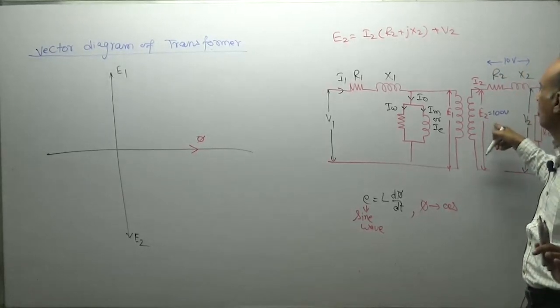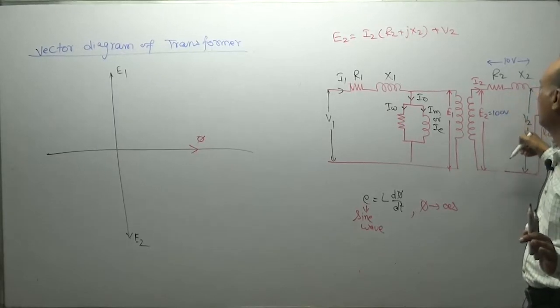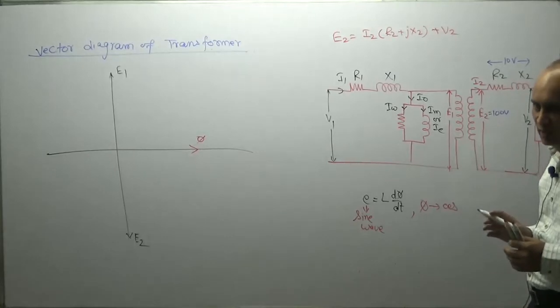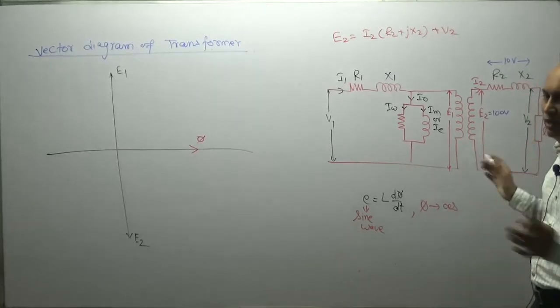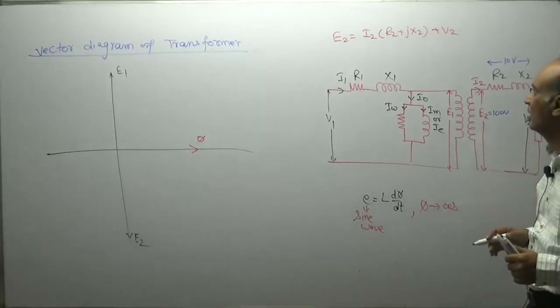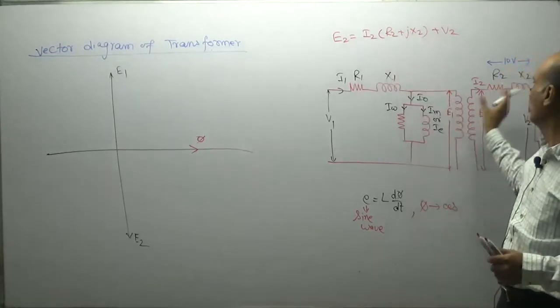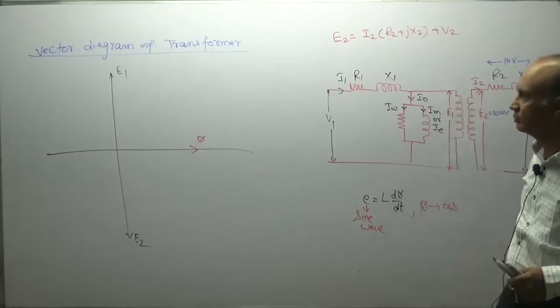But all are vector quantities, so not numerically can you do plus and minus. So E2 is I2 into Z2 plus V2.